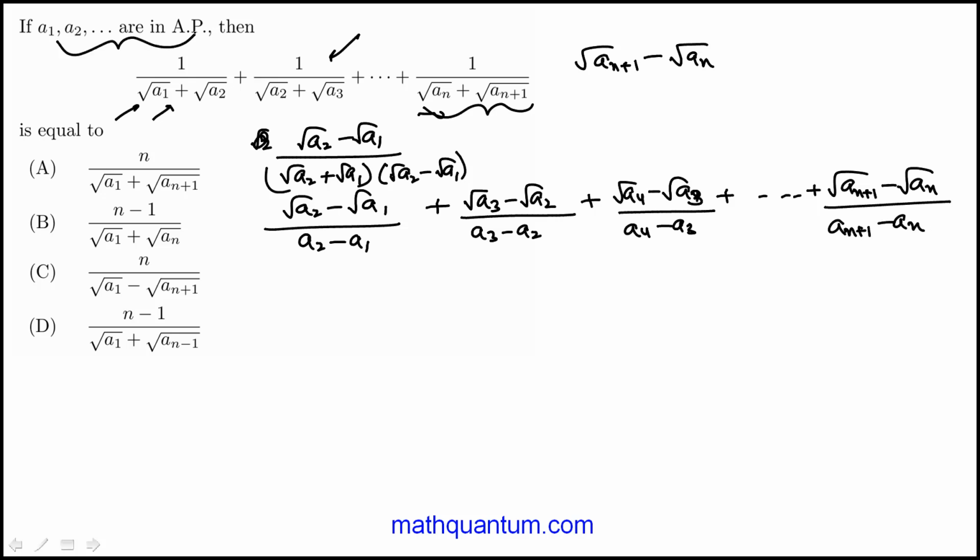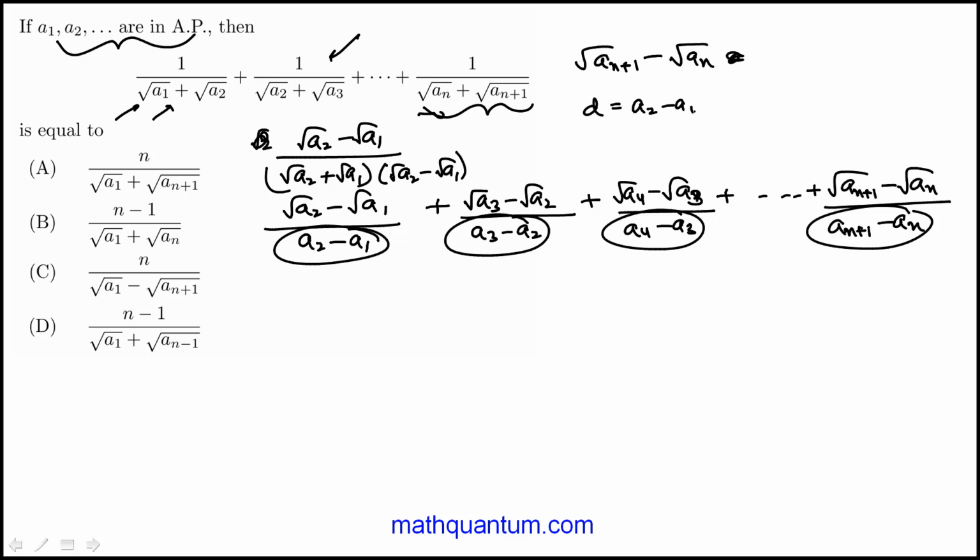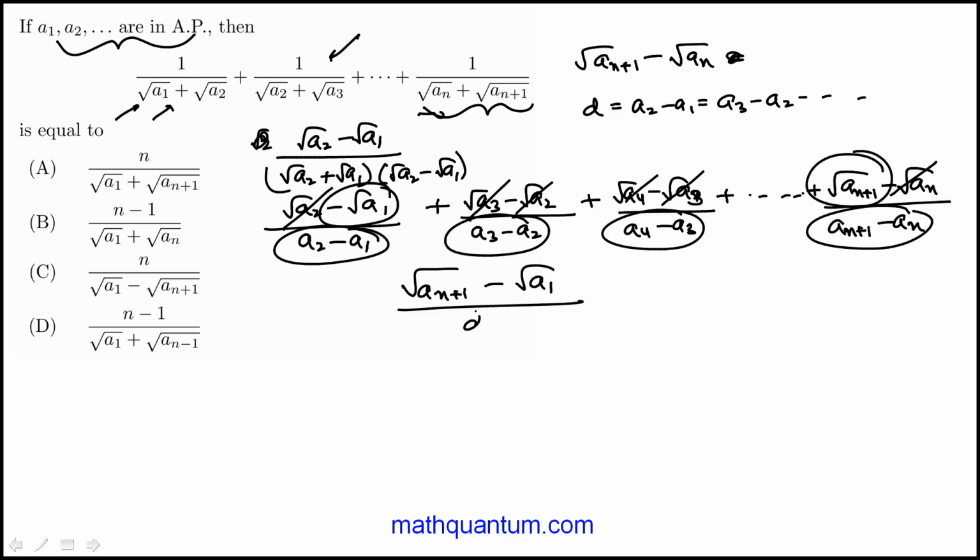Now note, because they're in an arithmetic progression, these denominators are all the same. They're equal to d. a2 minus a1 is d. That's the definition of arithmetic progression, and so on and so forth. So I can now add the numerators, and you'll see when you add them, these terms will drop out. All of them. You'll just be left with that piece and that. That means the numerator, you would be left with that divided by d, which is the common difference.